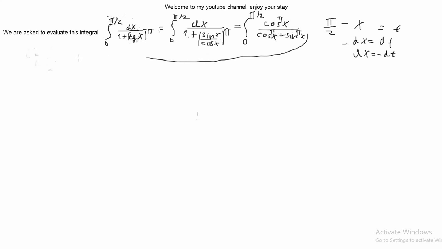Now the integral's bounds: if we plug pi over 2 in, we get 0, and if we plug 0 in, we get pi over 2. When we plug this into the cosine, we get sine, which is why we did that.